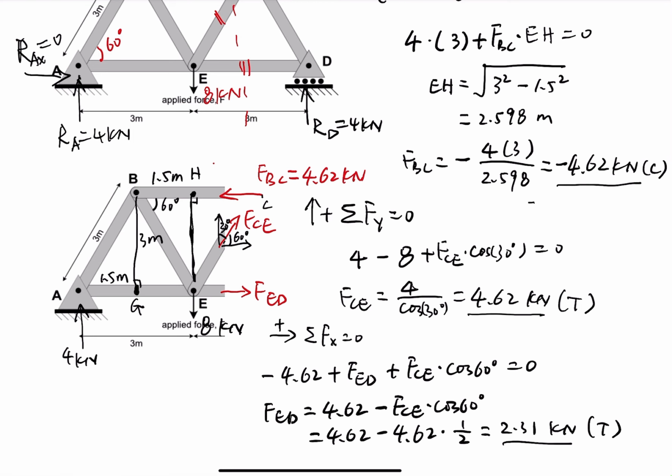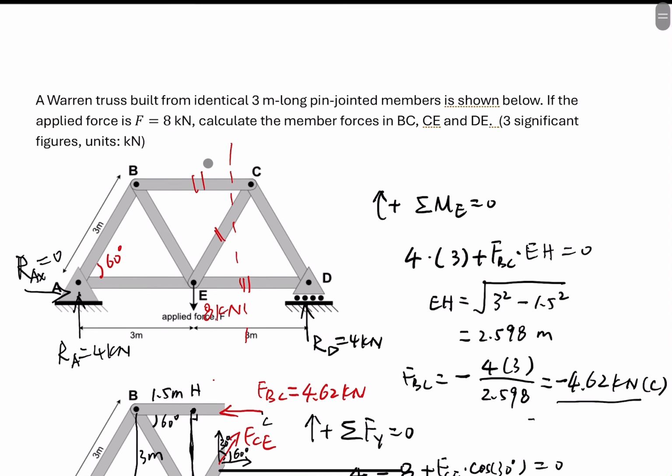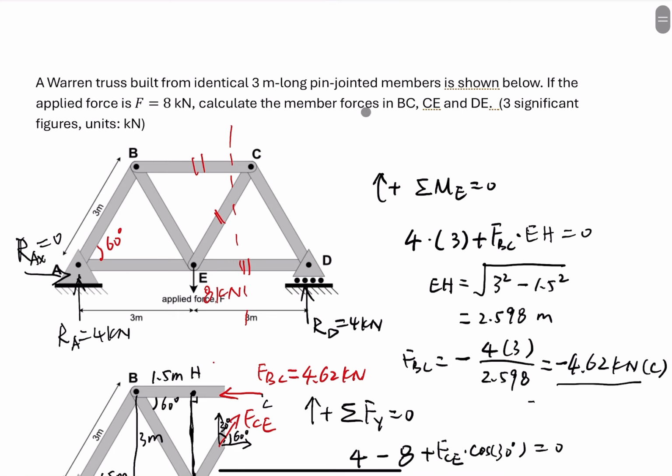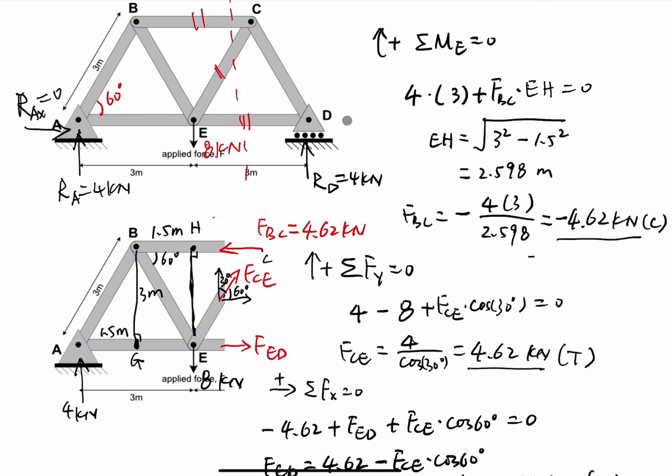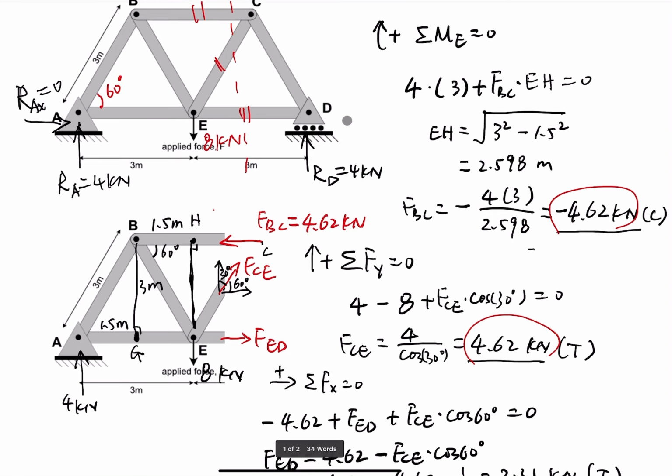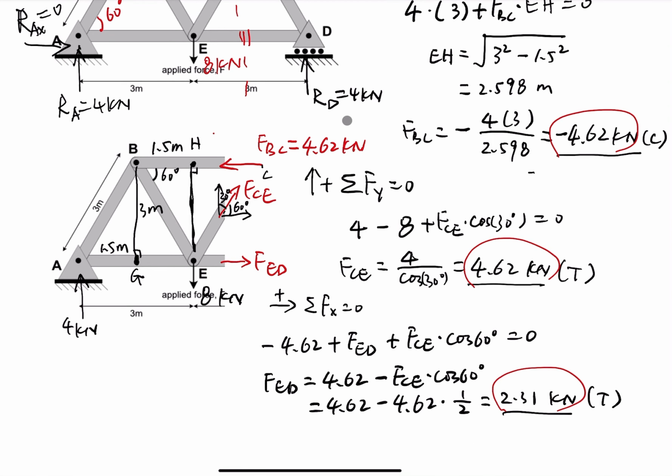Looking at the question, we need to calculate the member force with 3 significant figures. Our result satisfies the 3 significant figures. So the member force in BC is 4.62, in compression.